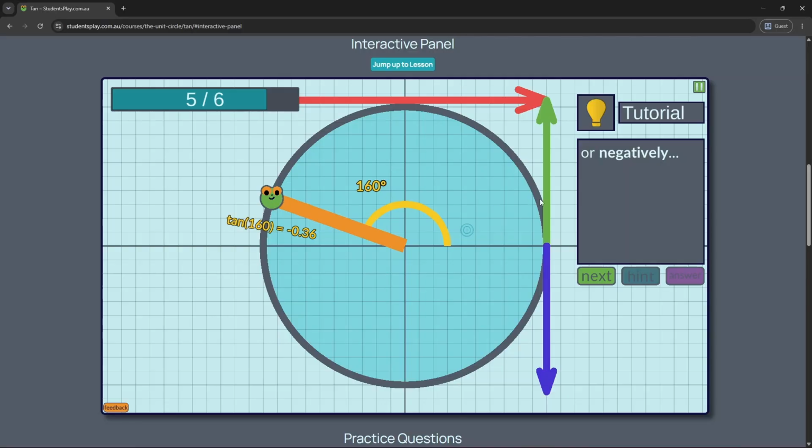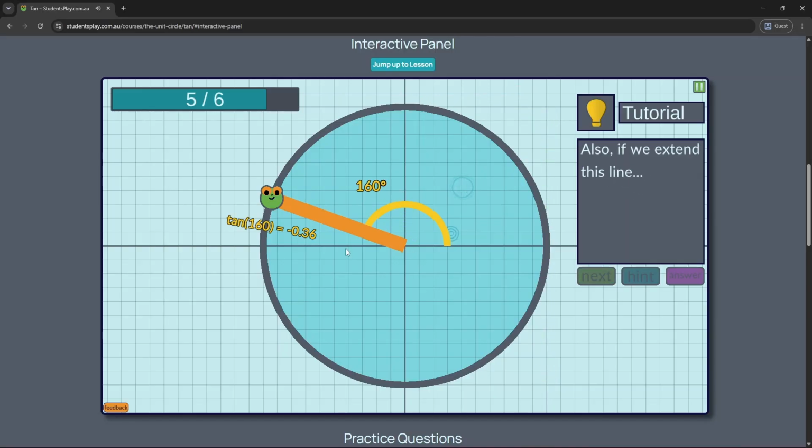But if we're comparing it to over here, we'd have to run to the right and then rise. So we have a standard way to make sure we can compare different gradients. The standard way is you always have to run from left to right. We can't start here and run from right to left, because then it would get too hard to differentiate between different types of lines. So we always run from left to right. And that way we can see if we rise positively or negatively. And here we rise negatively, so that's why that gradient is negative.